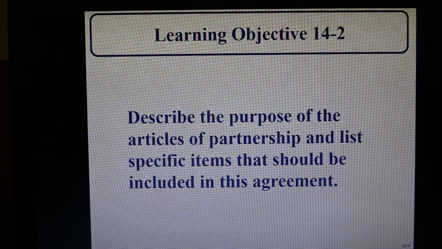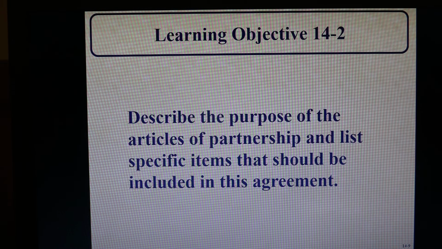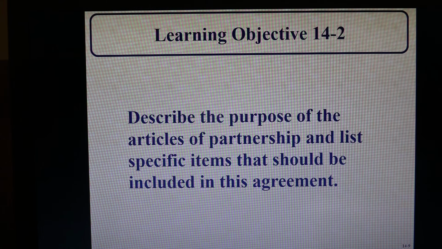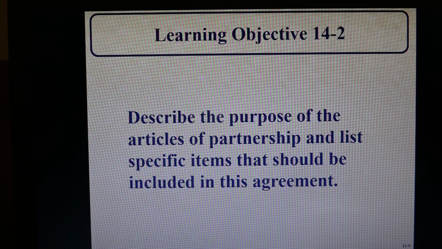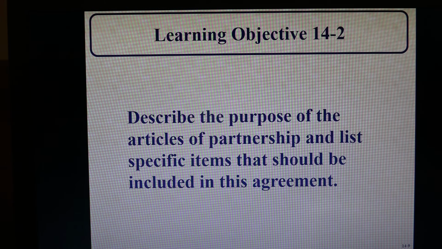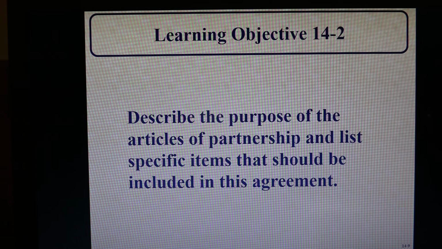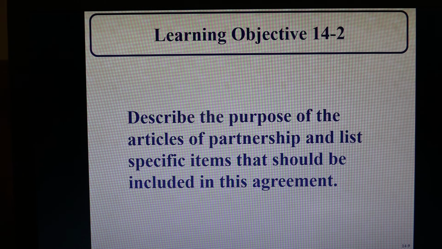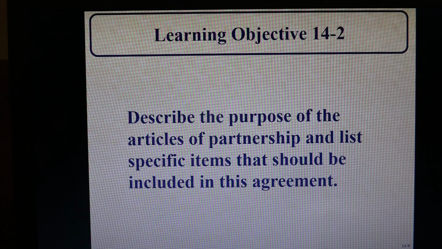Certainly it's not going to be up to the accountant to draw up this agreement. Either the parties, the prospective partners, have to draw it up, or a lawyer has to draw it up, because you don't want to be accused of performing legal work without a license. That would be bad news, because that's a crime.